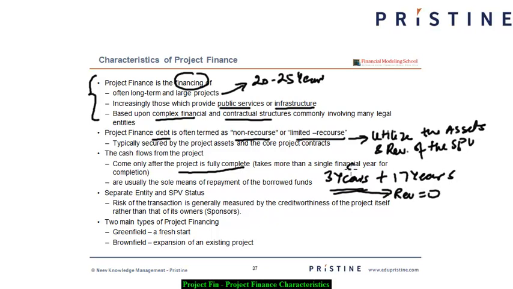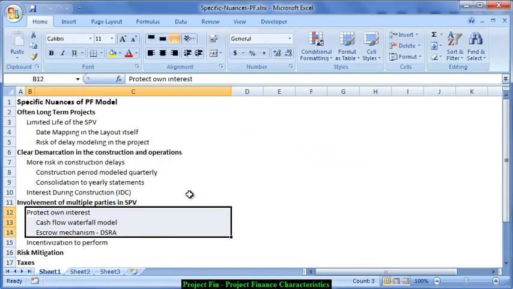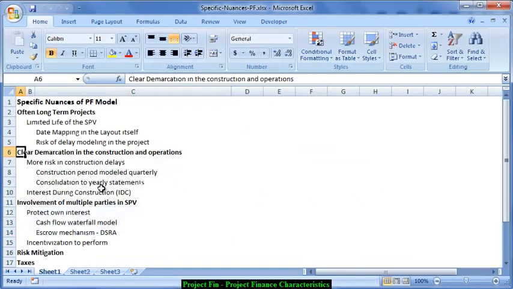This is the construction part and this is the operations part, and all your revenues accrue to you in the operations part. So there is a clear demarcation of construction and operations, and while the construction is going on, since your revenues are zero, you need to appropriately take care of the risk during the construction part.